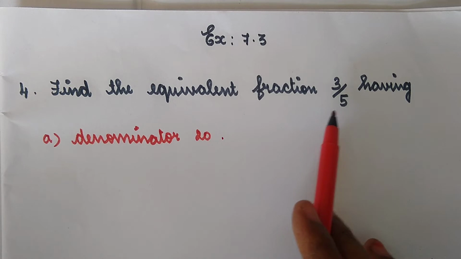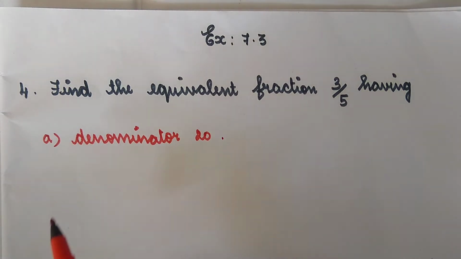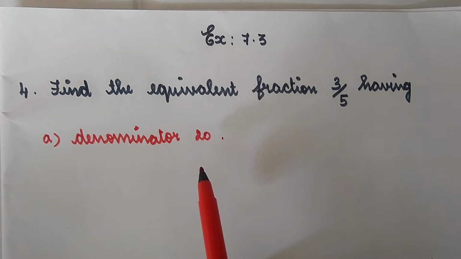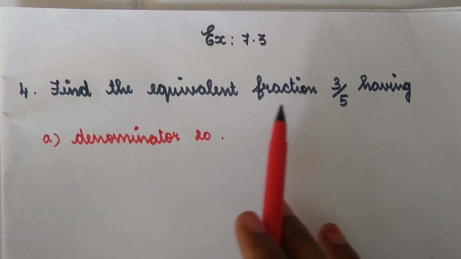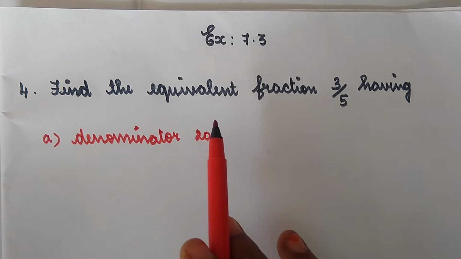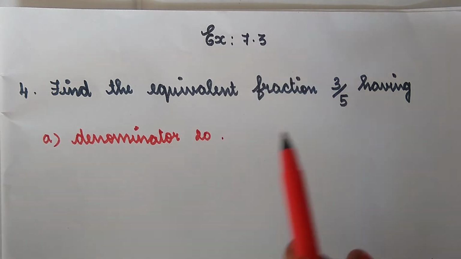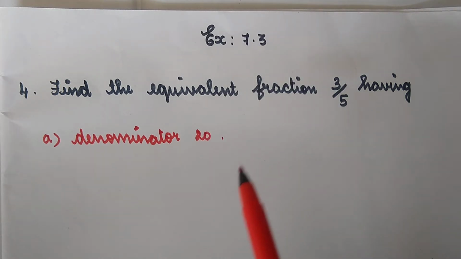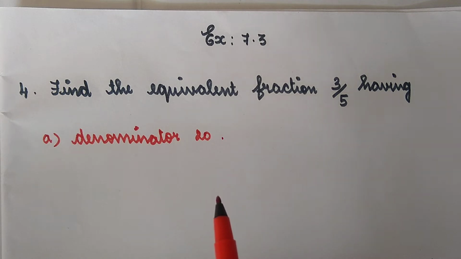Find the equivalent fraction 3 by 5 having denominator 20. What do you mean by equivalent fraction? Already I told, different fractions representing the same number. Okay, so we are given a certain condition.